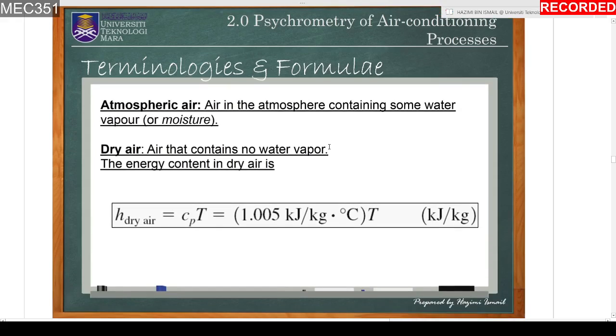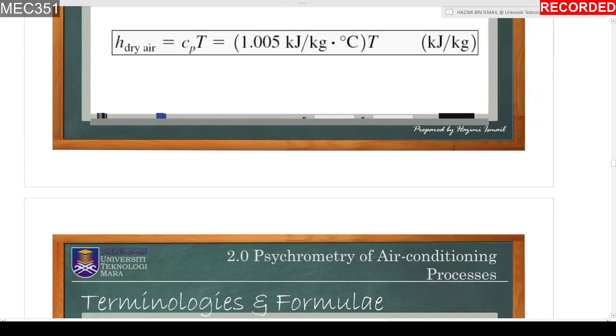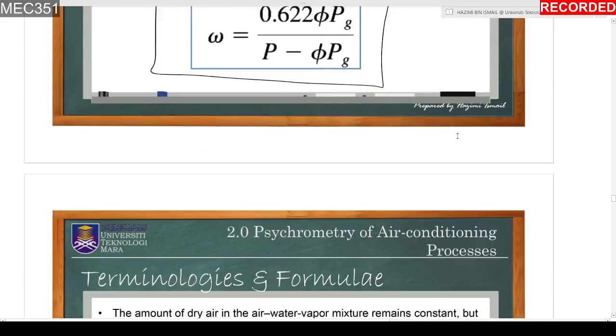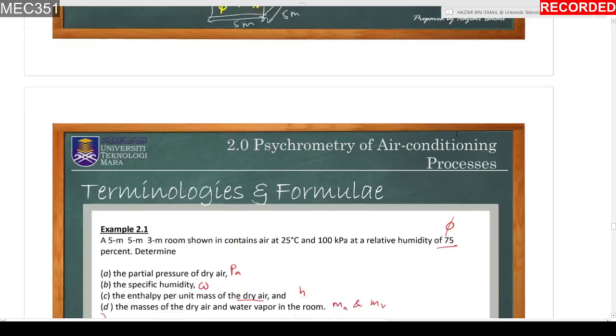So, sebelum masuk terminologies and formula, yang ni panjang. Awak tengok ni. Ni saya kena tunjuk example sebab dia calculation yang detail.